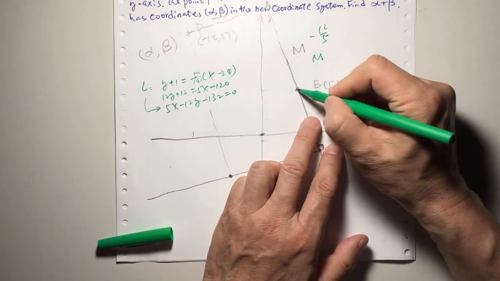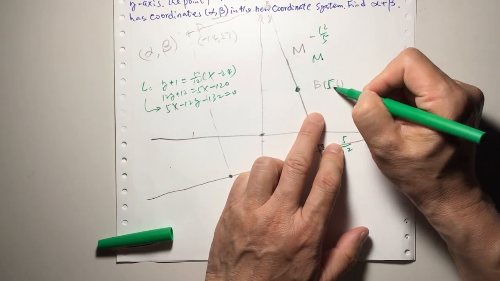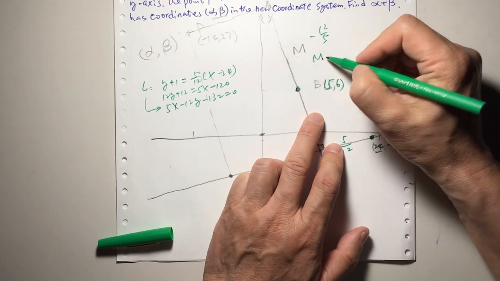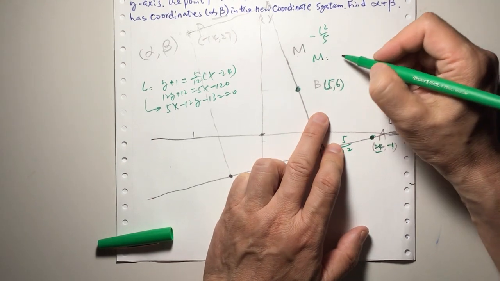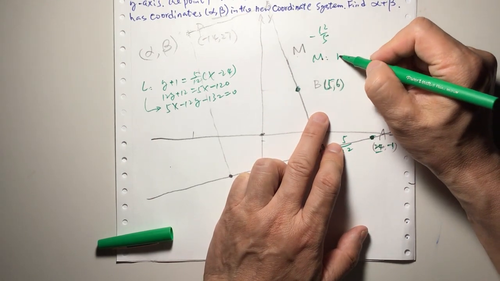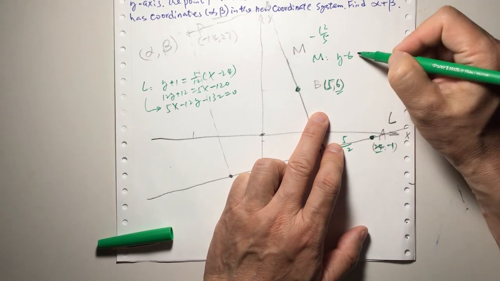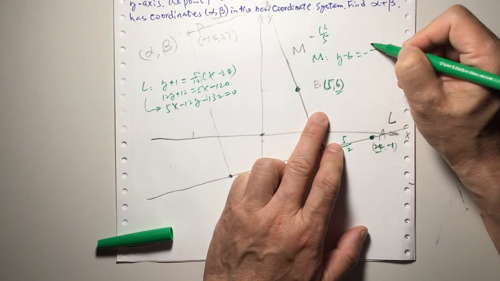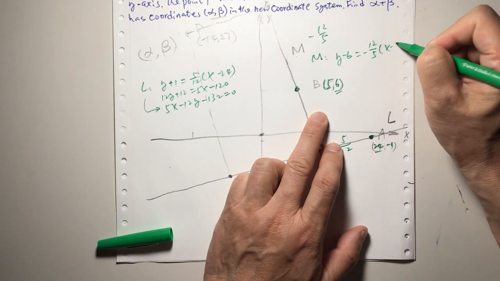Now line M. It passes through the point (5, 6), right? So y minus 6 equals -12/5 times (x minus 5).